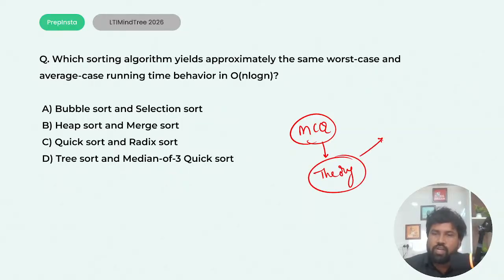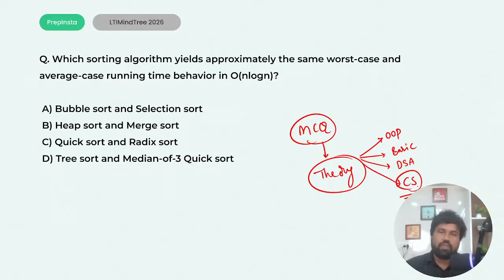The theory you need to prepare is on object oriented programming and basics of programming, and also DSA concepts, and also computer science subjects. If you have good knowledge of them, you are good to go. There is nothing else. You don't have to do any problem solving or anything. All you need to do is choose the option.